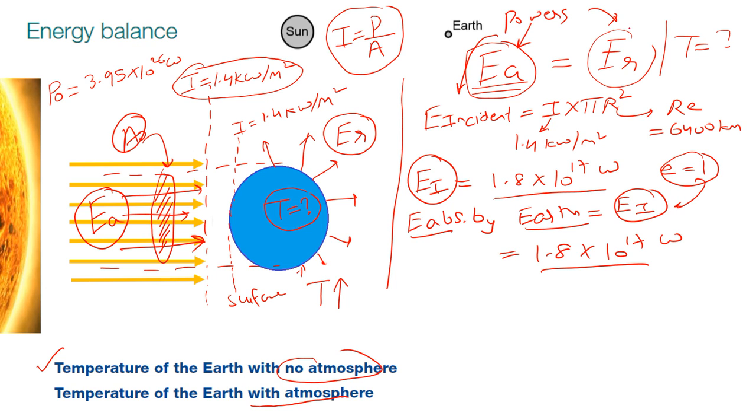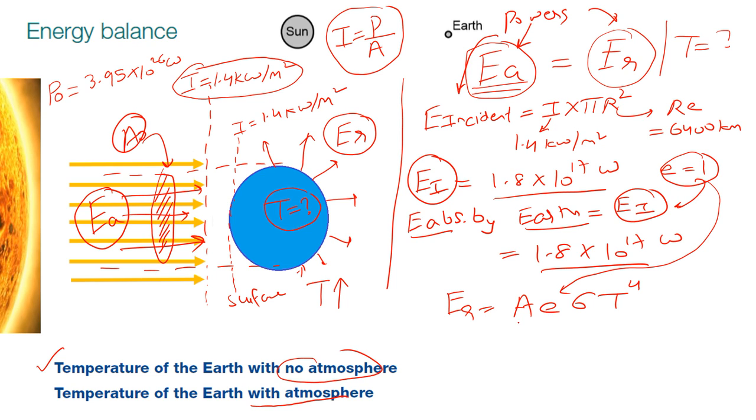Now we will find out what is the radiated energy. For that we will use the Stefan-Boltzmann law, and that law states that the power is A E sigma T to the power 4. As I said, the emissivity value we assume as 1.